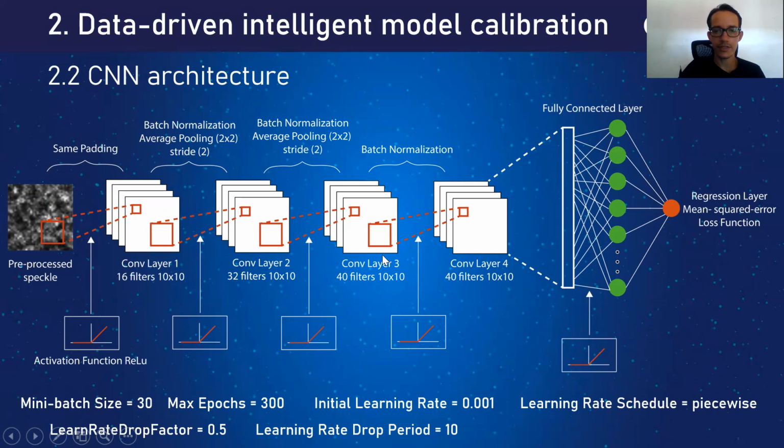All the filters have a size of 10 by 10, and batch normalization between consecutive convolutional layers is accomplished, followed by a rectified linear unit, which is used as activation function. So at the end of the network, a fully connected layer of size 1 precedes the regression layer. This architecture was chosen after testing many different configurations.